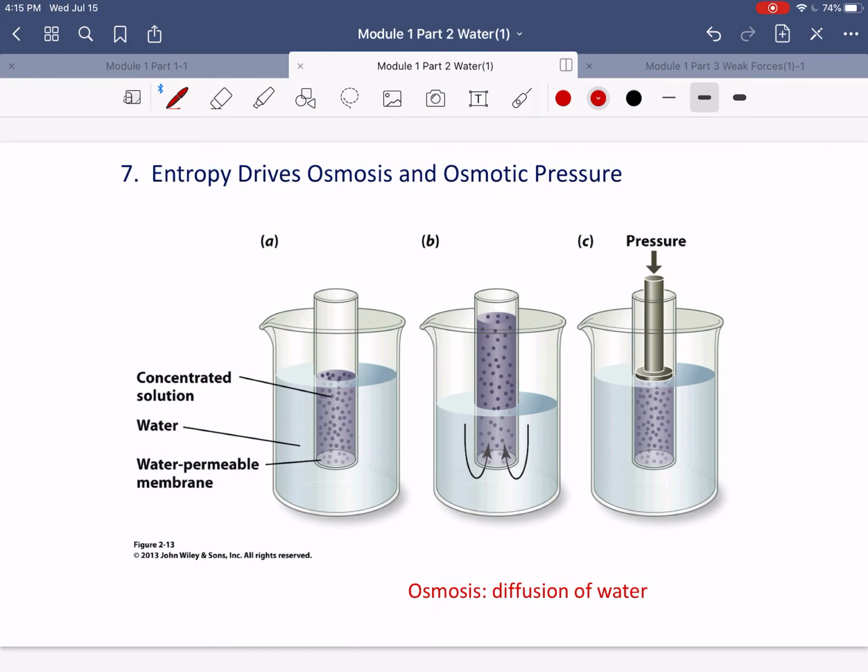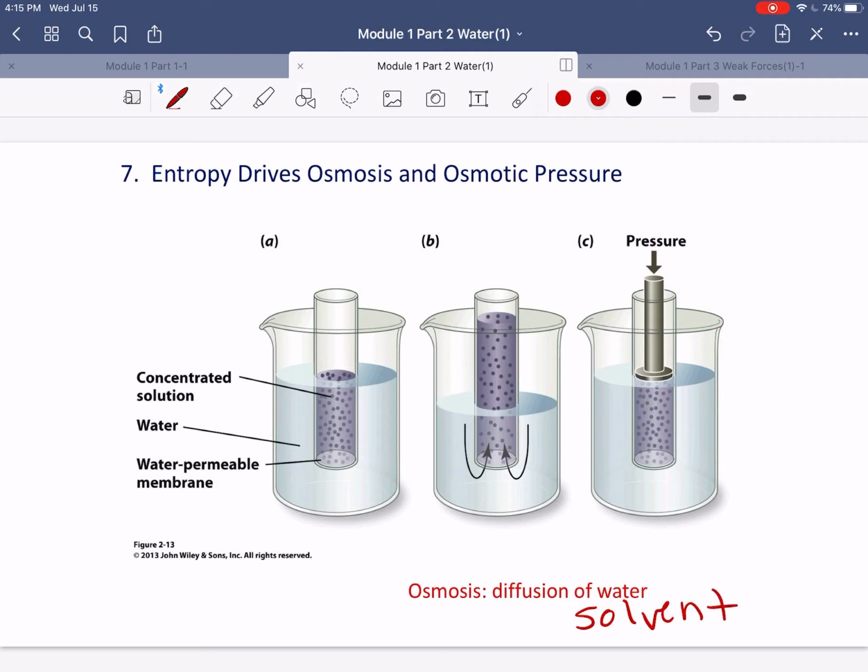For now, we are going to finish up the physical properties of water, and the last part of this, part 2 of module 1, has to do with the way that solvents and solutes move down their concentration gradient. So we're going to start with osmosis and osmotic pressure. Osmosis is the diffusion of the solvent.